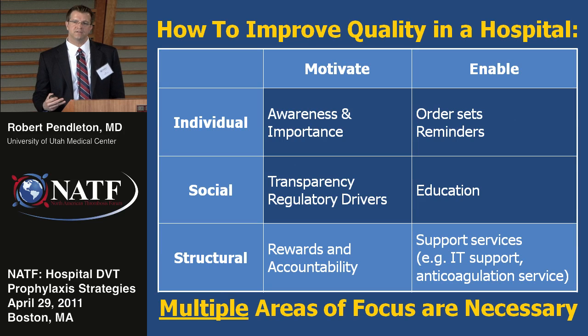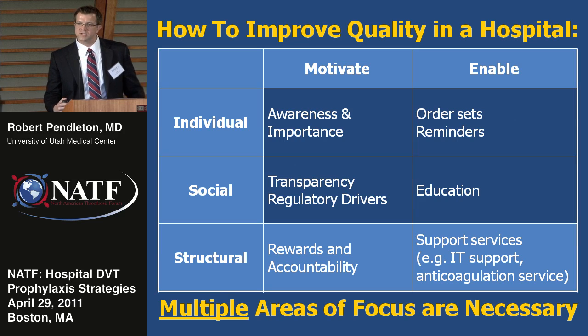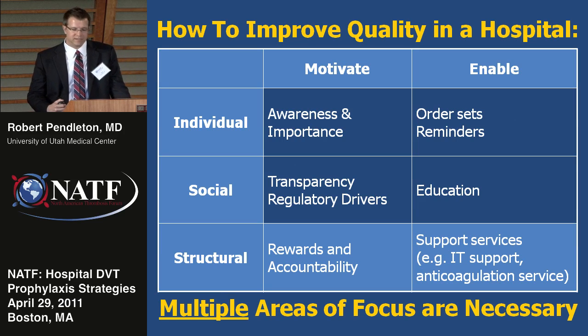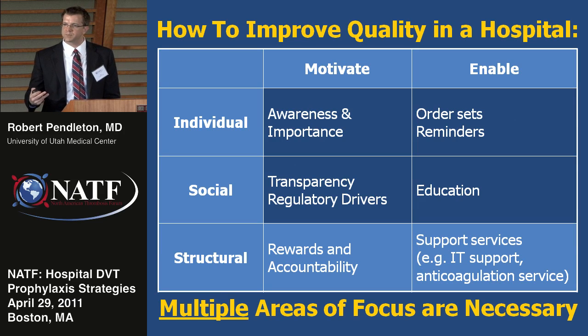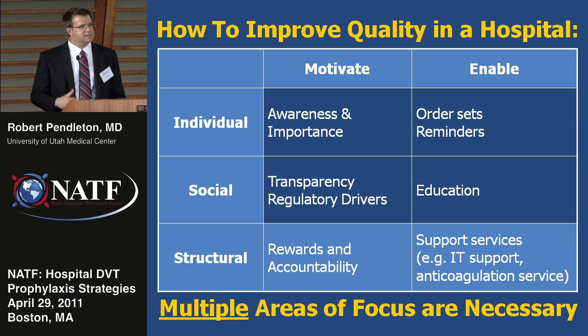We can enable individuals by designing order sets, having reminders, etc. We can motivate groups of practitioners, nurses, pharmacists, and physician groups by making our data publicly available, having transparency or audit feedback mechanisms, and we can also push people to do the right thing with those regulatory drivers. We can enable groups of people by educating them about what steps are necessary to be successful.